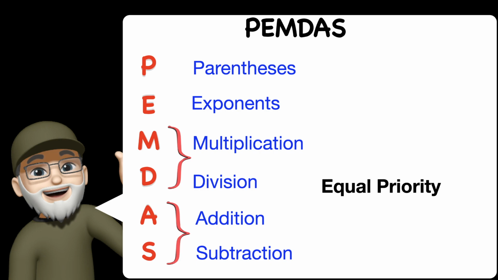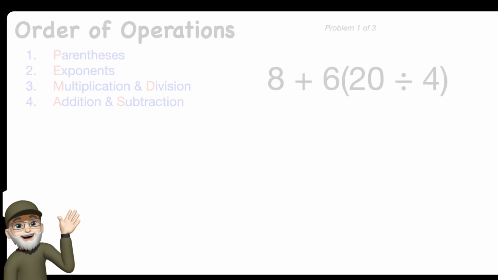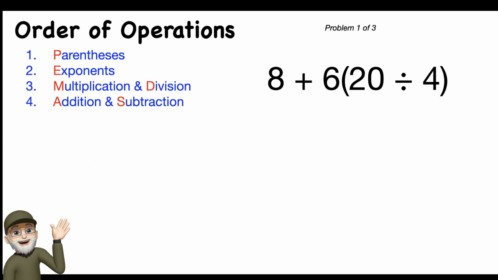Addition and subtraction are also equal priority, working from left to right. For example, 6 plus 11 minus 8, we would do the addition first because it's to the left and then do subtraction to the right. If the order was switched, we would do subtraction first on the left and then do the addition to the right.